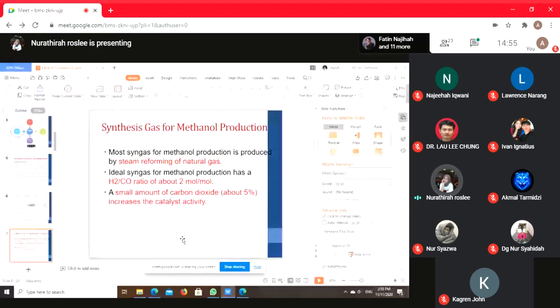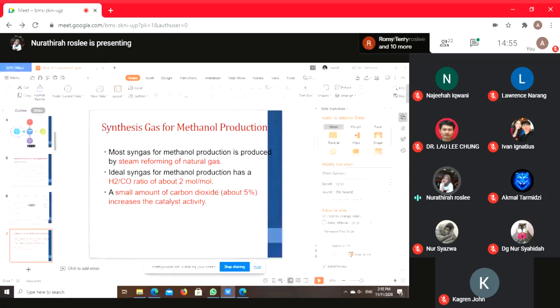For synthesis gas for methanol production, most syngas is produced by steam reforming of natural gas, and has an H2 per CO ratio of about 2 mol per mole.